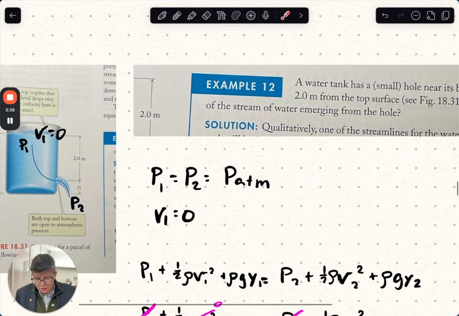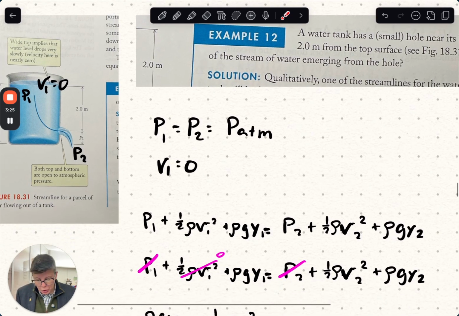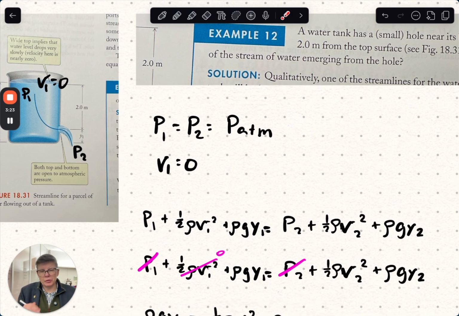I've written out the Bernoulli equation at the bottom of the screen here. Just copied it down exactly as is from my last video. Now I'm going to start figuring out what's zero and what numbers I do know. So the next thing I've done is I've gone through and I've said, well, pressure 1 equals pressure 2. Boom, boom. They're going to subtract to zero, so I'll just take them out of the equation.